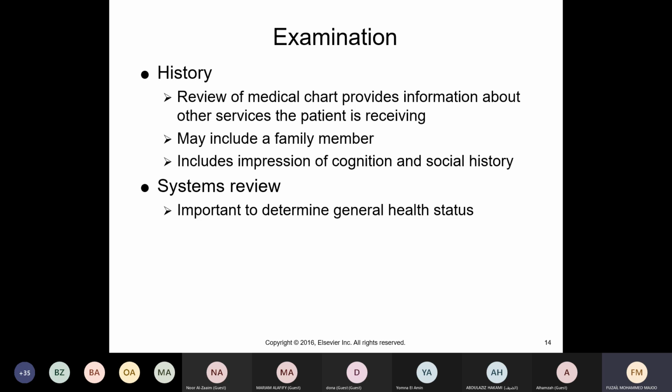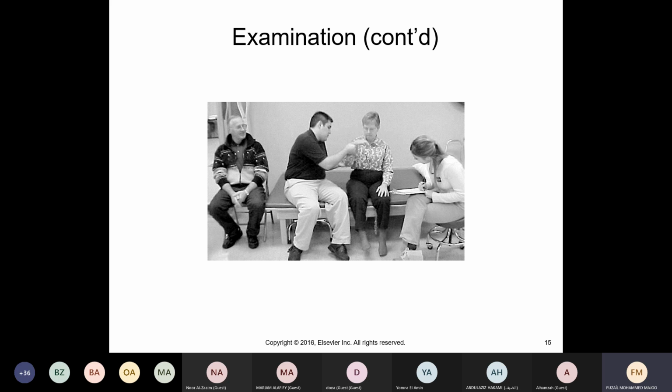In the geriatric population, when you do a history, you go through the medical chart and see what other services this patient is receiving or has received in the past. You also find out about their family history, try to see what their cognition level and social history are, and then of course you do an ROS, review of systems.